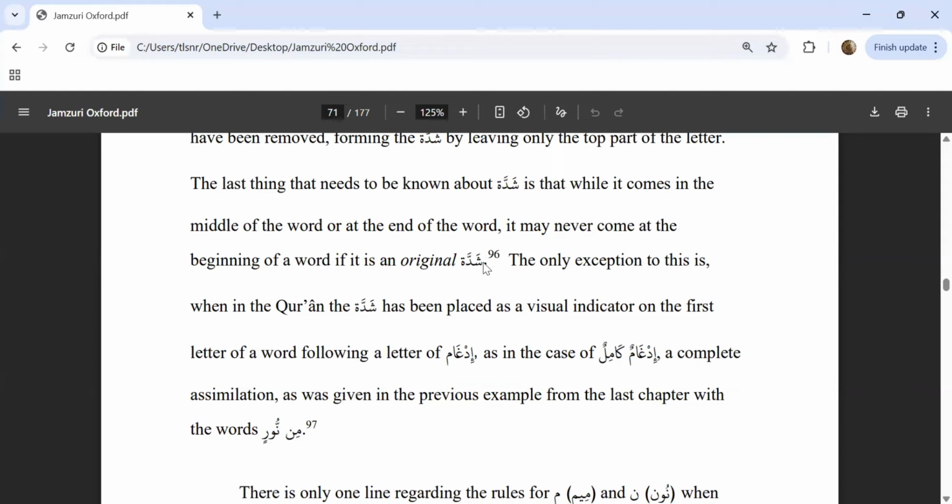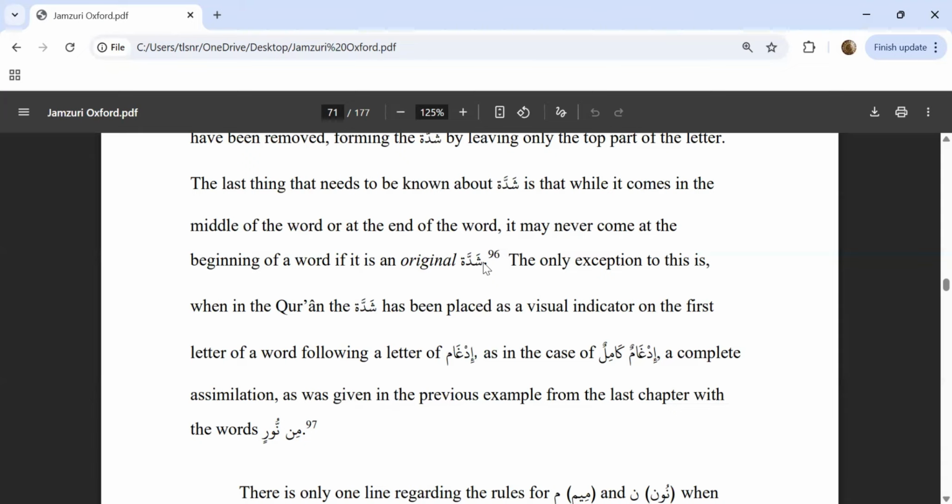When will we see a shadda at the beginning of a word? The only time that we'll see that is in our rule from the chapter of Nun Sakina and Tanween. For example, when you have a Nun Sakina as the last letter of the first word, and the next word starts with a meme or a noon and we're going to make idgham, the ulama have put that shadda there to tell us that we are going to make a complete assimilation, idgham kamil.